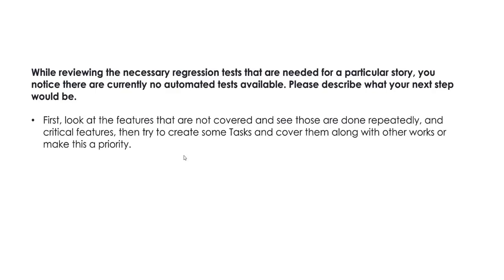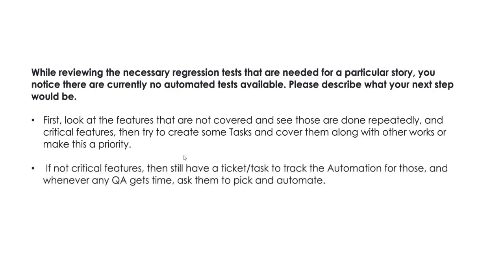If there is no coverage, you can add the tests later also. If not critical features, then still have a ticket or task to track automation for those. And whenever any QA gets time, ask them to stop and automate it.